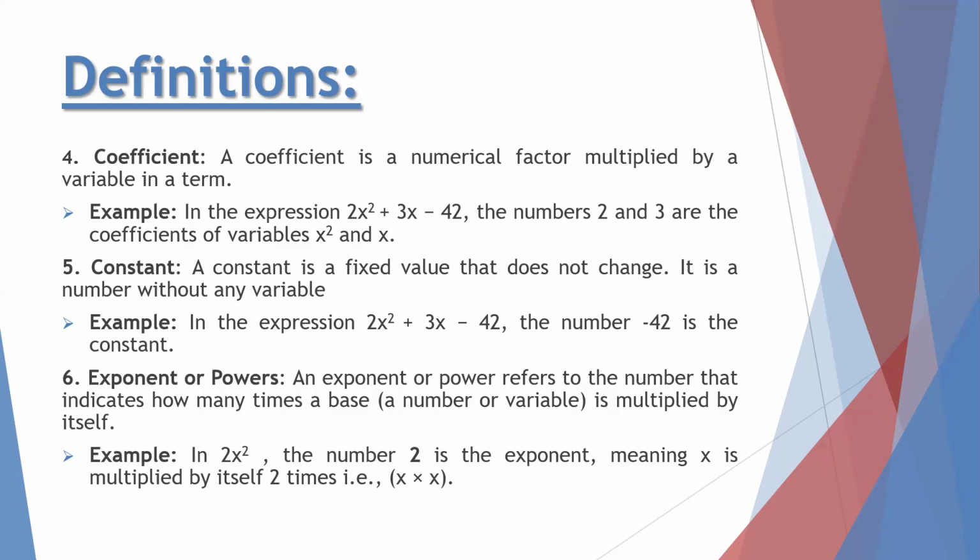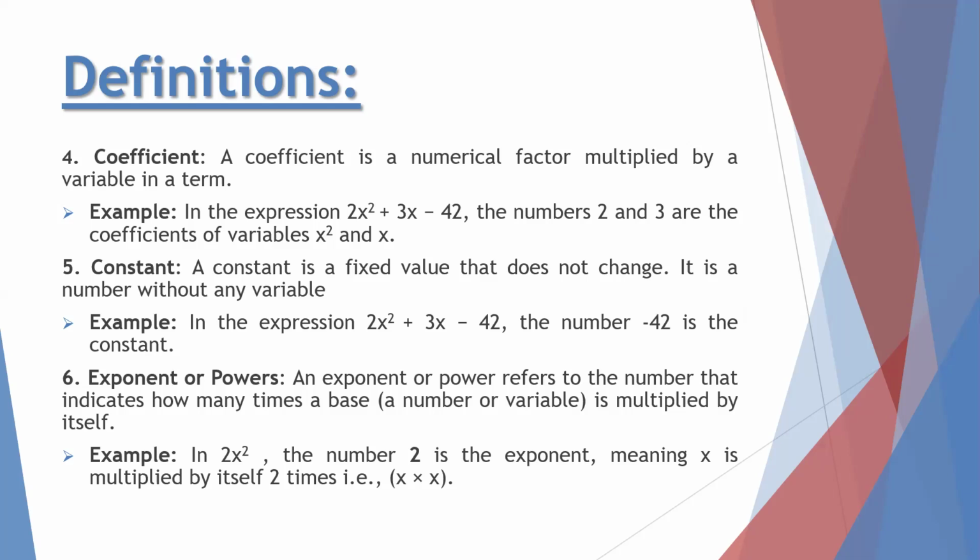In this expression, you can see a number which is without a variable. Yes, the number is minus 42, which is not attached to any variable. So minus 42 is a constant.